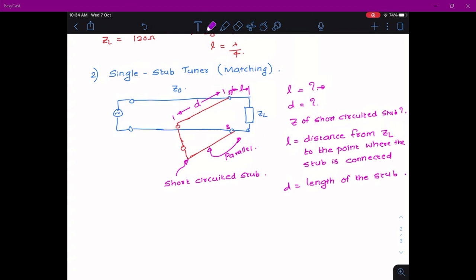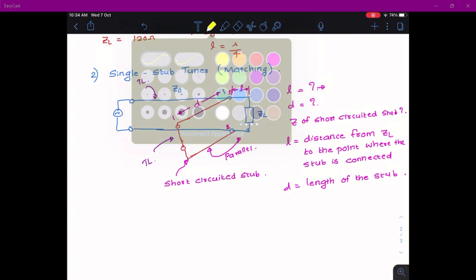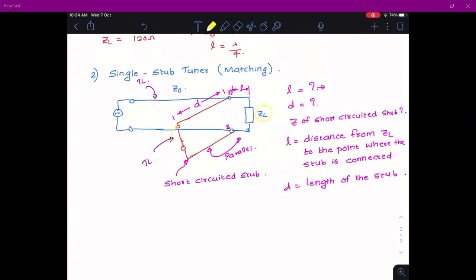You should note that all these are transmission lines. The short circuited stub is also a transmission line, and this is also a transmission line. Everything is a transmission line, but now you have two parallel loads. The first load is this and the second load is this.